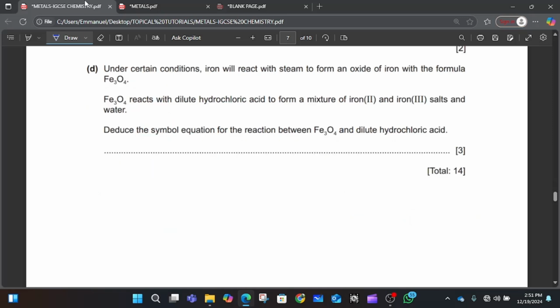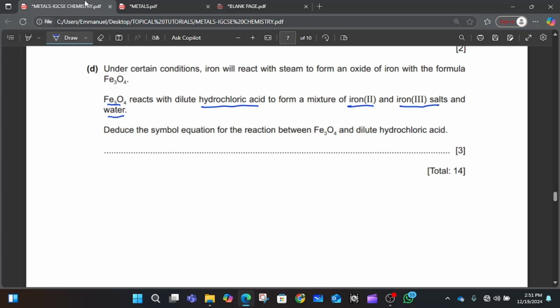D. Under certain conditions, iron will react with steam to form an oxide of iron with the formula Fe3O4. Fe3O4 reacts with dilute hydrochloric acid to form a mixture of iron 2 and iron 3 salt and water.